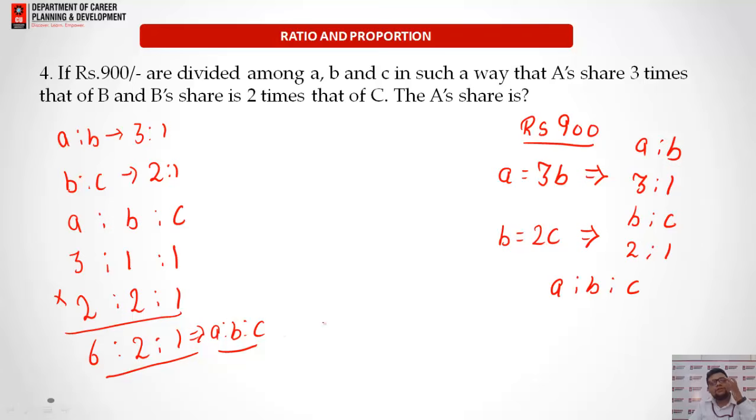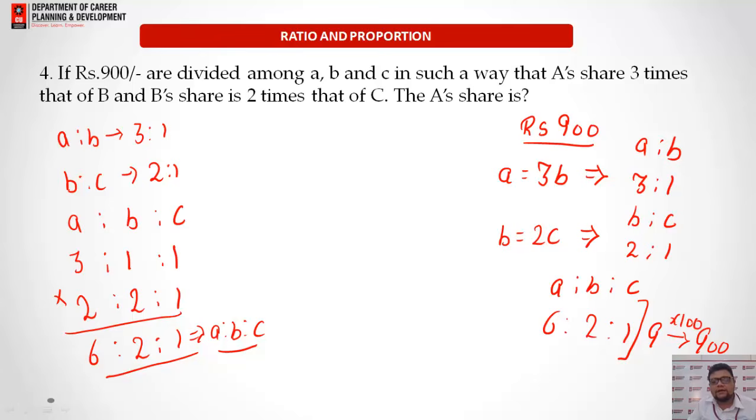We can also do this for 4 ratios, 5 ratios or any ratio. Okay. So here the ratio of A is to B is to C is 6 is to 2 is to 1. And the total money is rupees 900. And in the ratio it is 6 plus 2 plus 1, that is 6 plus 2, that is 8, and 9. 9 parts representing the value is 900.